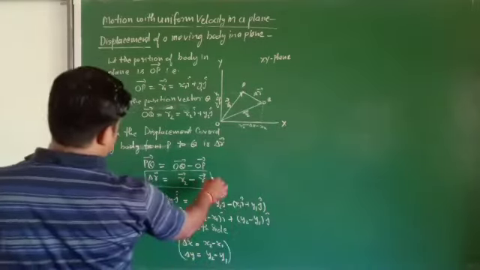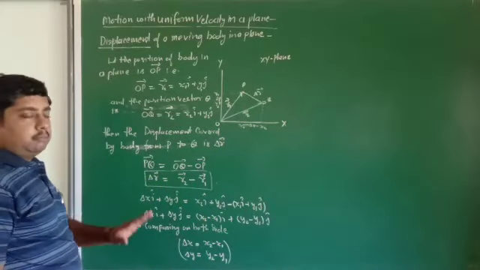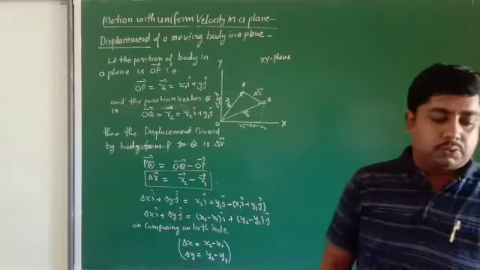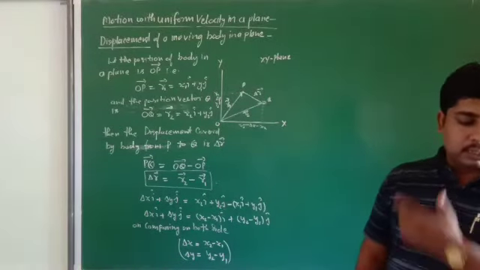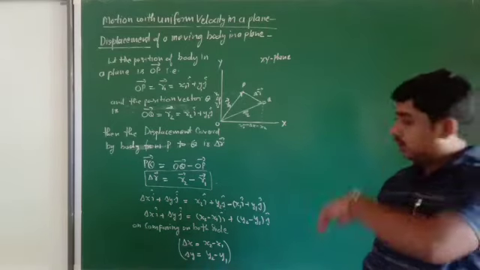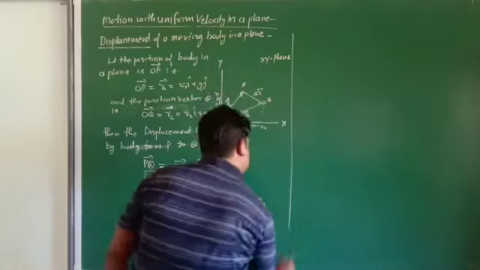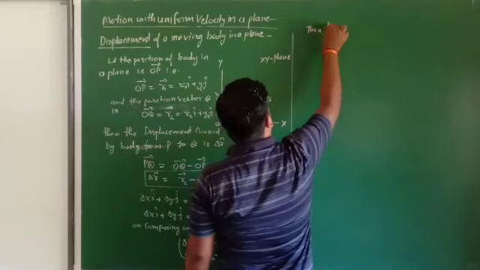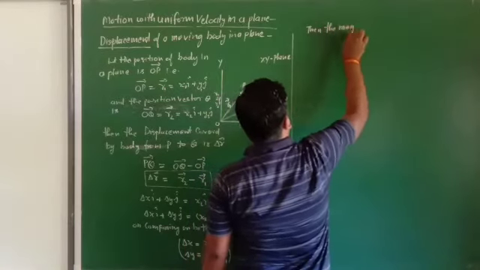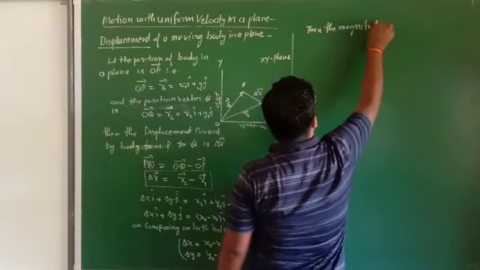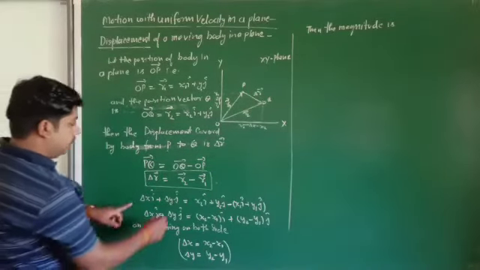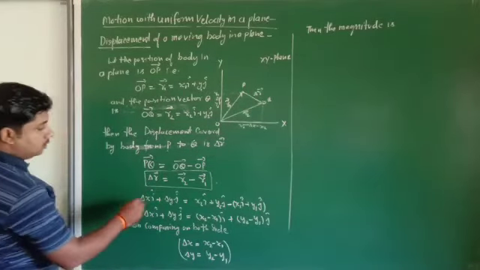Because it is the position vector in vector form, but for the magnitude we can consider this term, which is equal to vector PQ.